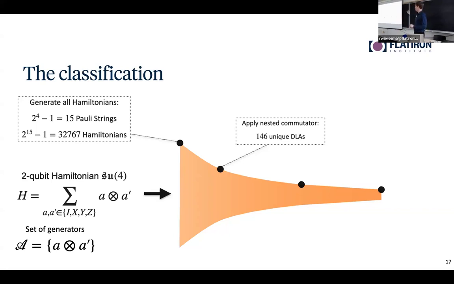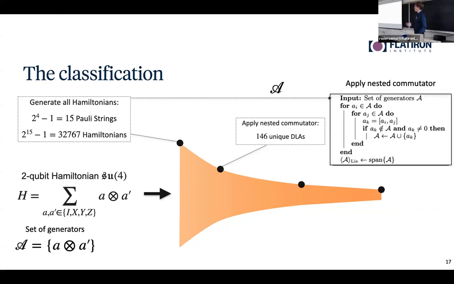For this step, you just run some algorithm, you input the generators, do the nested commutators, and then you get 146 unique ones. So it's already a drastic reduction from this big power set.